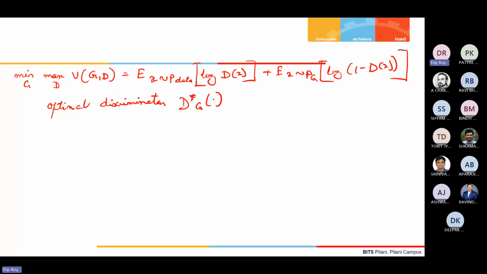Now, for the optimal discriminator, we are going to write this equation.